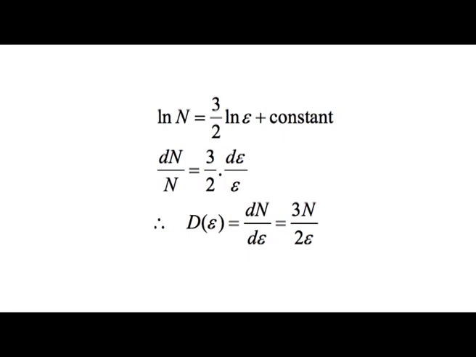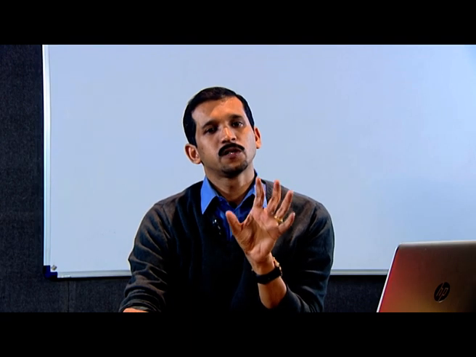What does that mean? The number of orbitals per unit energy range at the Fermi energy is the total number of conduction electrons divided by the Fermi energy.